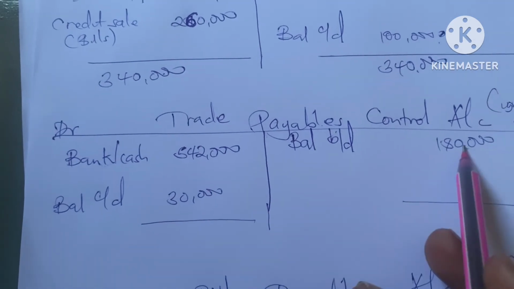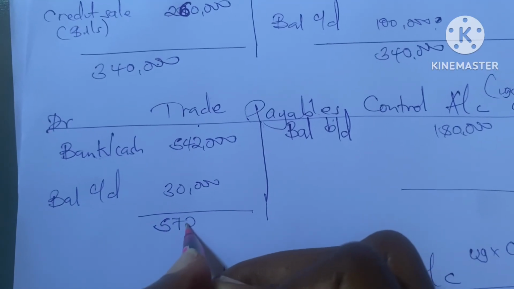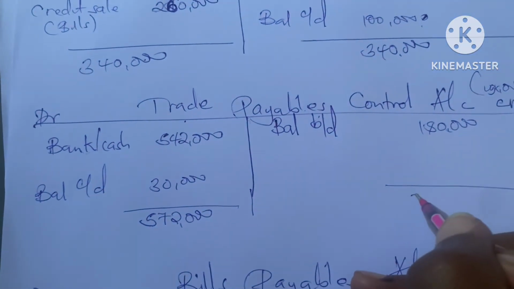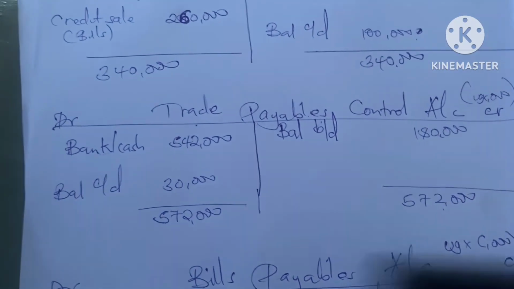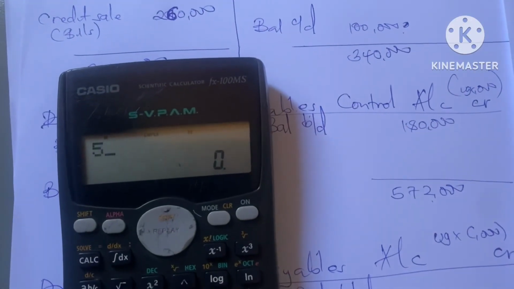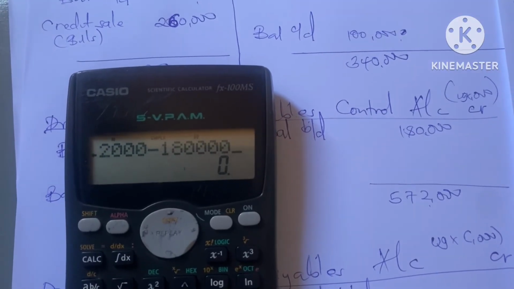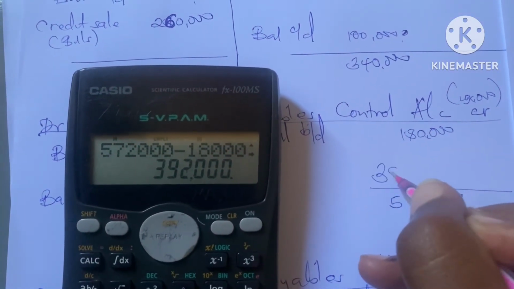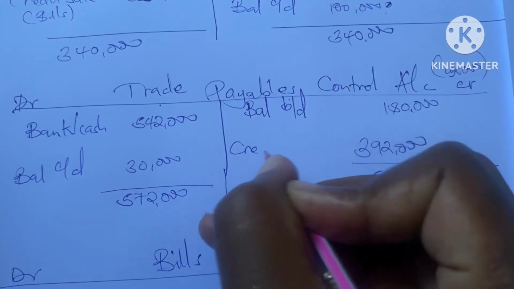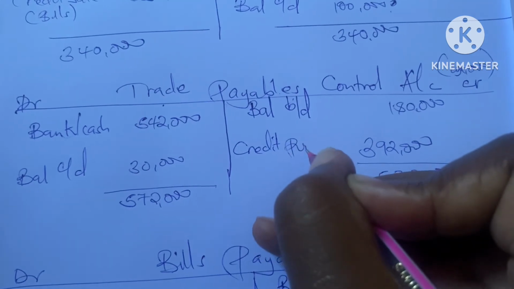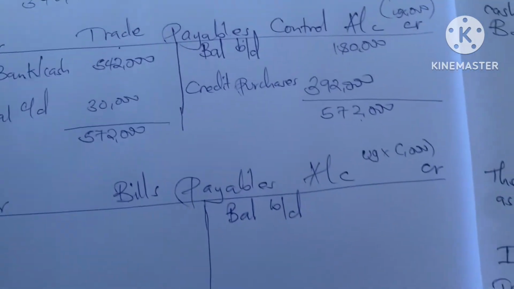This side is greater than this side, so this is going to be 572, then this minus that, 572,000 minus 180,000, 392 will be the credit purchases. Then for the bills payable, we do the same thing.